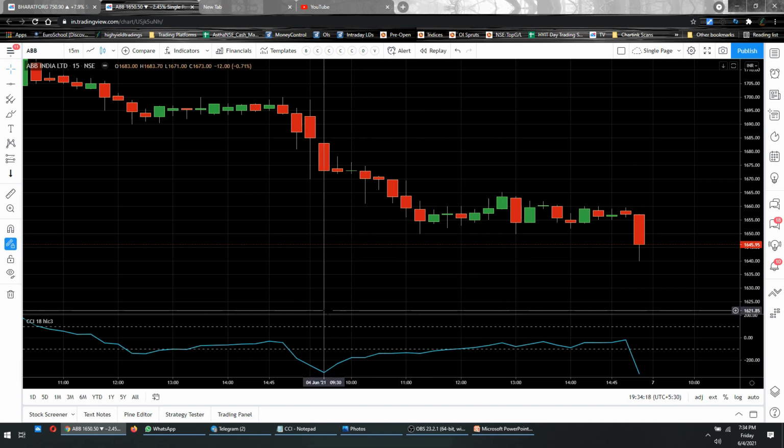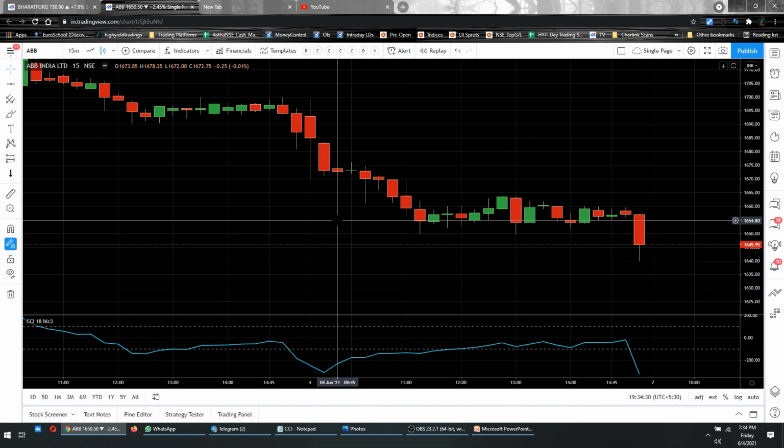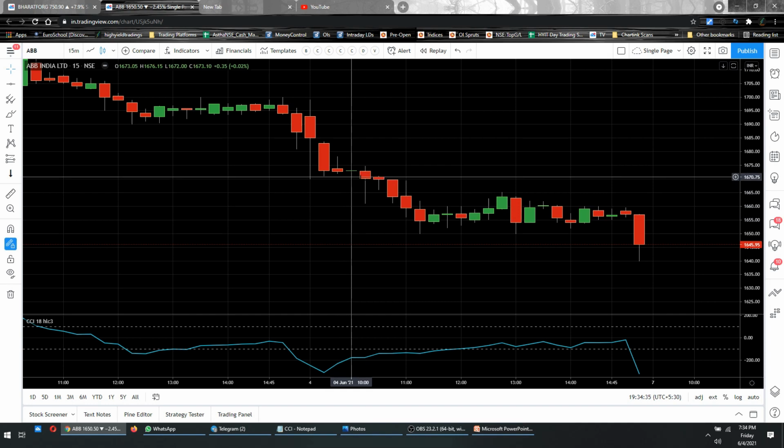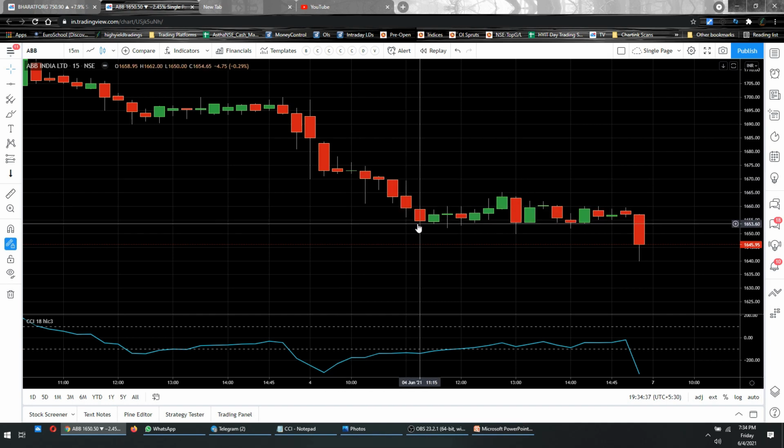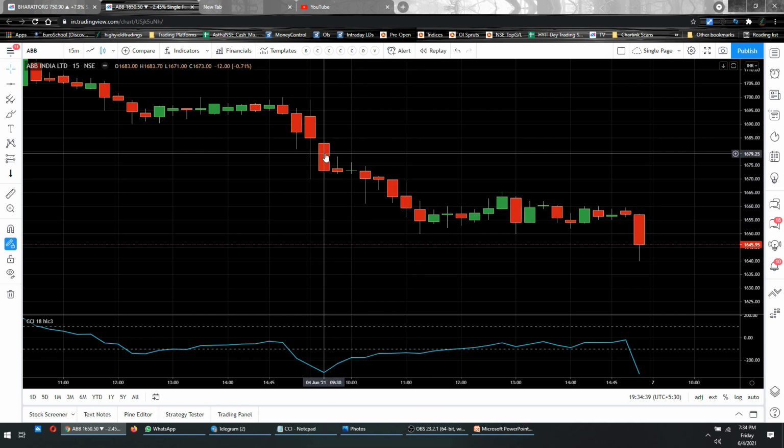So this is the point which hints you that ABB will fall further. This is way number one. Okay, so you take a short entry at any price in the 9:45 candle, and as you can see, it gave you a good move. Right, again, just to repeat, this was way number one.